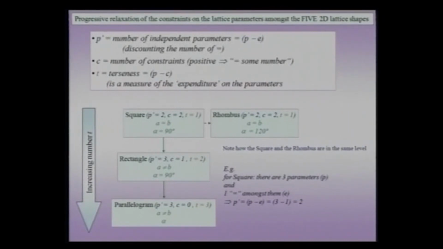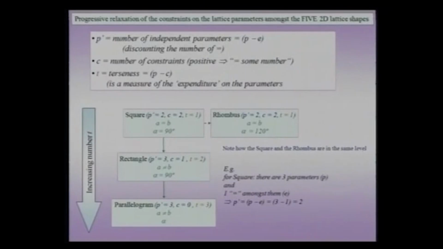In other words, if I make more expenditure on the parameters, it comes lower down in the list, and I assign it a value which is known as the terseness. If a unit cell is low on expenditure in terms of the lattice parameters, it is placed above in this list, and it has a lower value for the terseness.